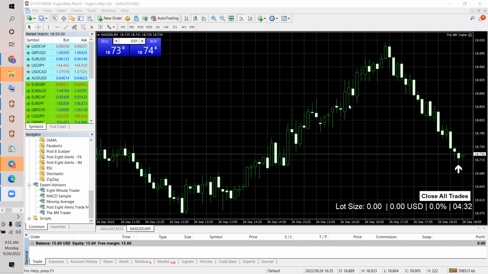As far as what happened, we can see that we're still in an uptrend. However, as far as the account is concerned, we have certainly blown this particular account at this time. We have about $15 left in the equities.